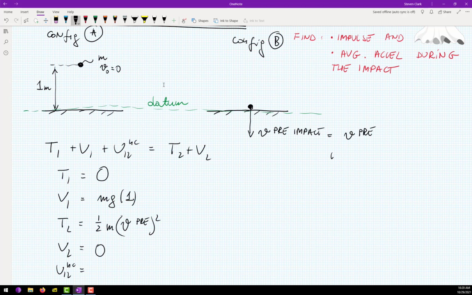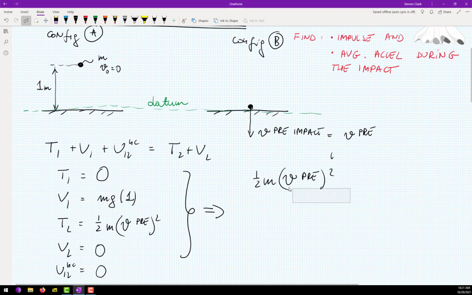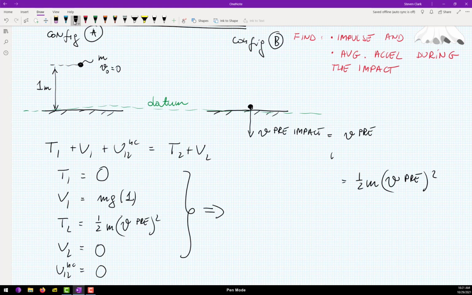And there is no energy dissipated in the system. So we end up with 1/2 m v pre squared equal to, sorry, the other way around. This one will be here, and this is equal to mgh.